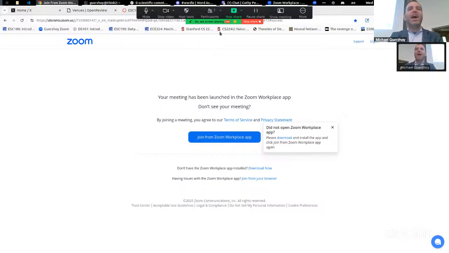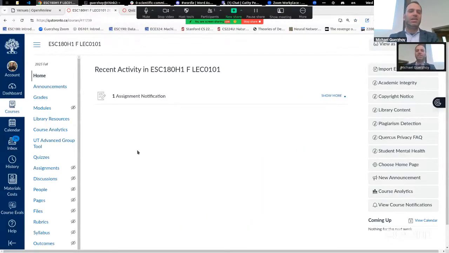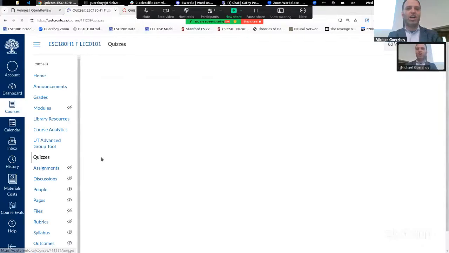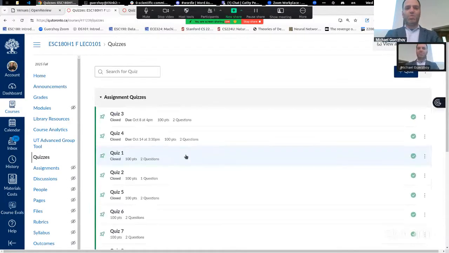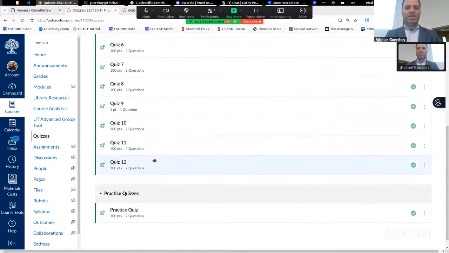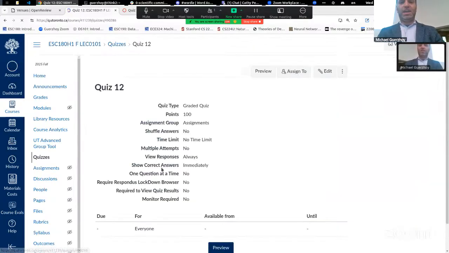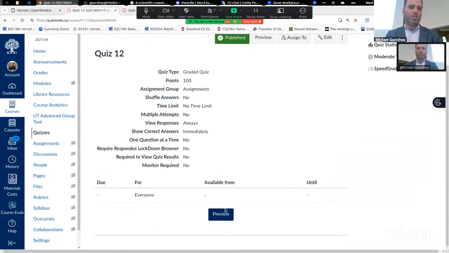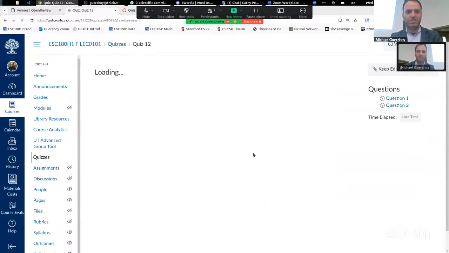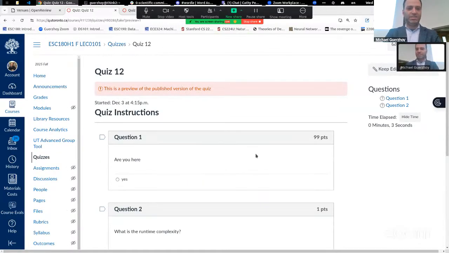It's good. So what I want to do today is do a little bit of complexity and then do a few fun things, some of which I'll mark out as not really on the exam, some of which I'll mark out as on the exam. The first fun thing that's potentially on the exam is quiz 12, the last of the quizzes.